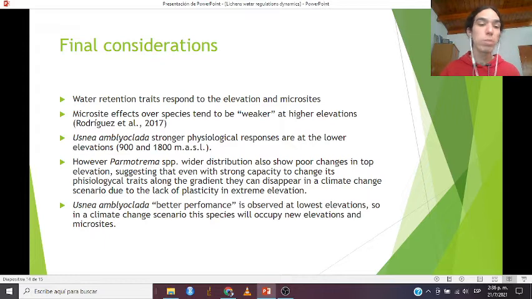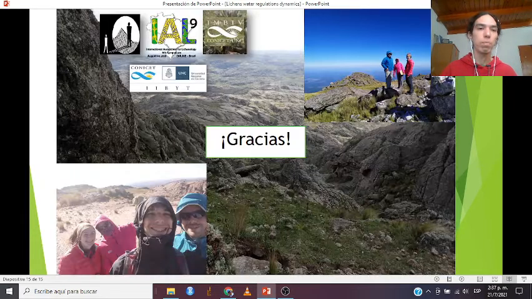While Parmotrema doesn't change at microsite level so much. So in a climate change scenario, even if they have a little range of action to migrate to cooler microsites, we hypothesize that Parmotrema will tend to disappear.